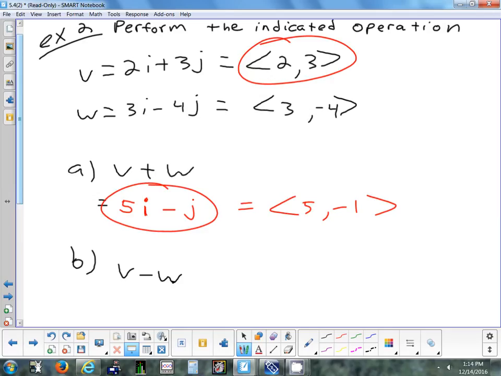Okay, so what would you get for the horizontal, or the I component, if you do V minus W? Negative I. You can put -1I, but you don't need to. And how about the j component? 7J. Yes, be careful when you do this one because it's 3 minus minus 4.